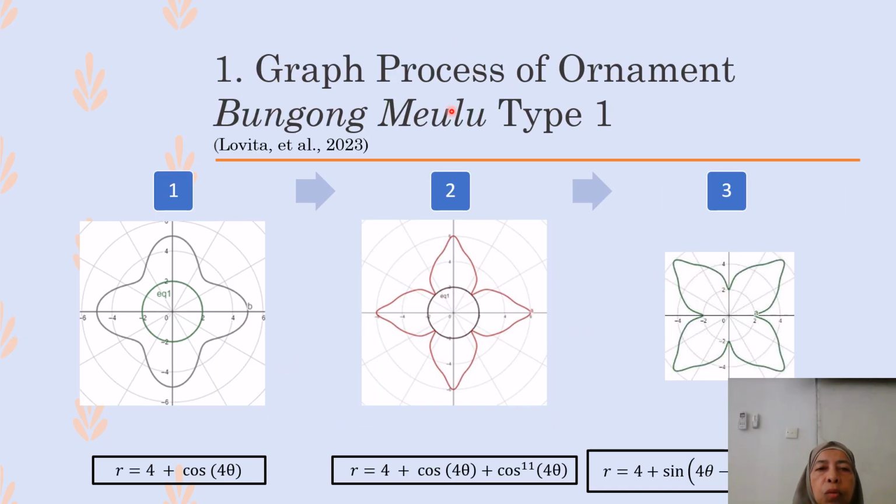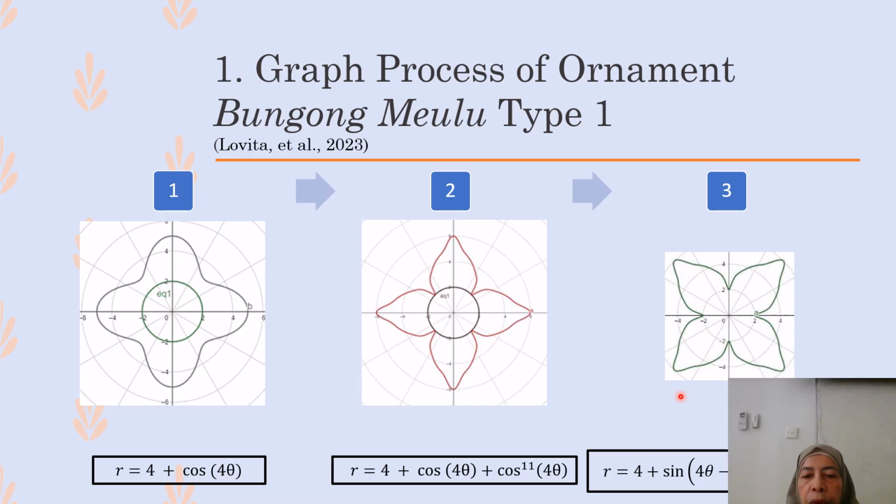For example, this one is Bungong Melu type 1. You remember that this type has only 4 petals. So the equation is r equals 4 plus cosine 4 theta, which will give the picture like the first one. And when we add another term, cosine to the power of 11 of 4 theta, the picture will be like the second one.